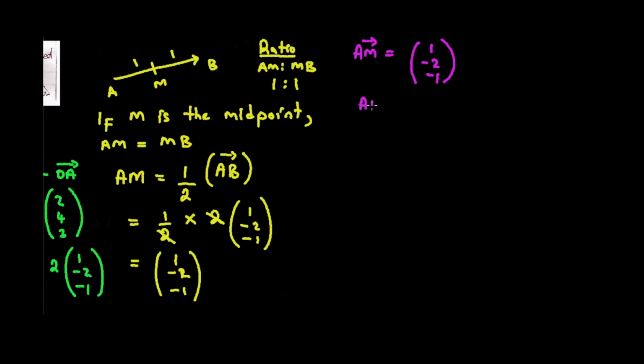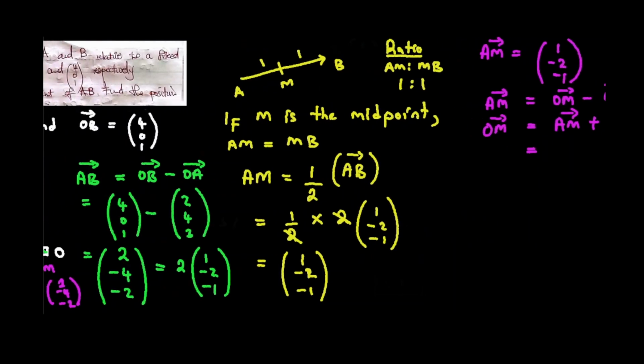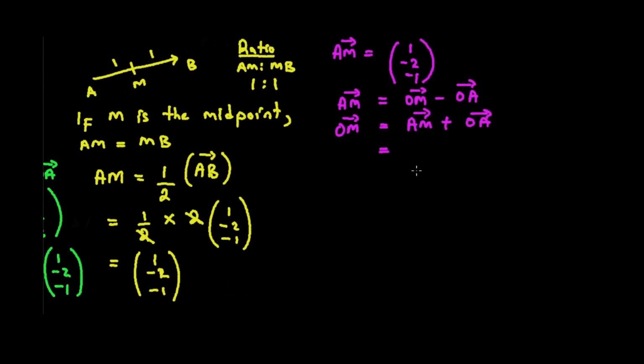We know that AM as a displacement vector is also equal to OM subtracting OA, so if we want to know OM, we make it the subject. So we take minus OA to the other side, giving AM plus OA. So this is equal to, what is AM? We take this value at the calculator: AM is (1, minus 2, minus 1).